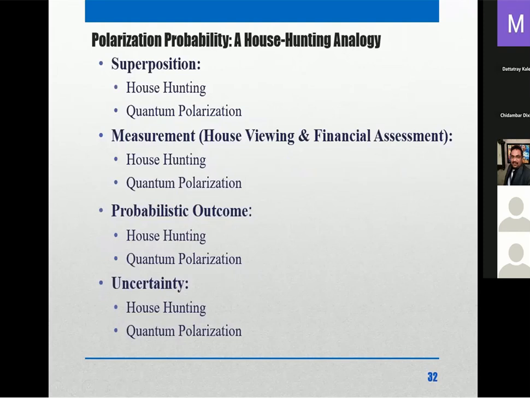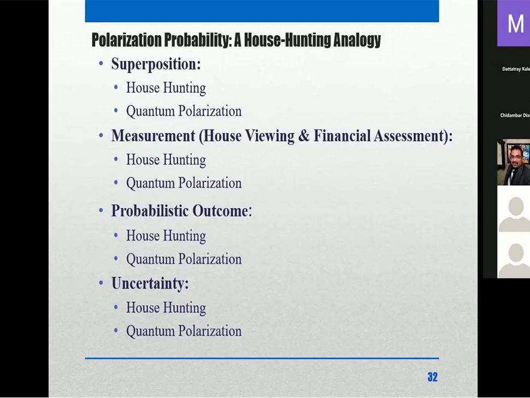In detail, I will just explain superposition. What is different? You initially consider a set of houses, each with a combination of desirable features, as we discussed: a quiet neighborhood, large playground, good school, affordability.